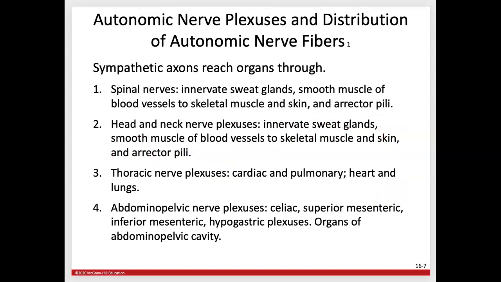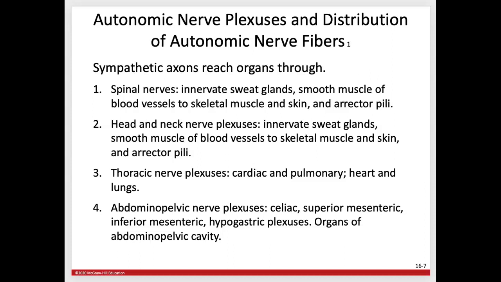So the autonomic nerve plexuses and distribution of autonomic nerve fibers. Sympathetic axons reach organs through these four ways: spinal nerves, the head and neck nerve plexuses, thoracic nerve plexuses, and the abdominopelvic nerve plexuses.